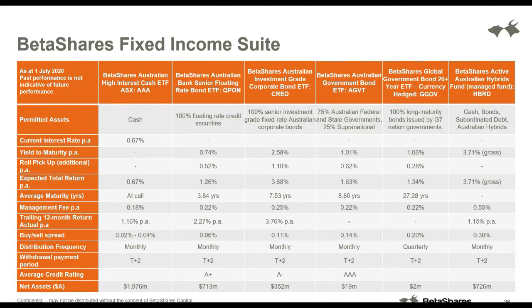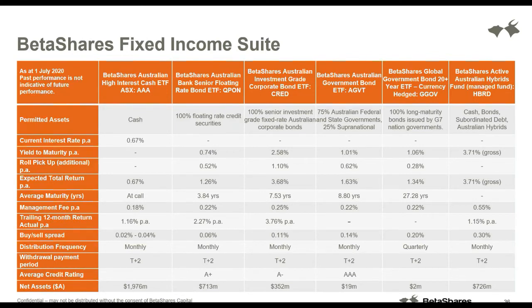And the other interesting one is that we're also embedding within our index methodologies typical processes that active managers use in terms of capturing roll yield. On this page here, we call this our fixed income term sheet. You can see all of the key statistics here across our fixed income suite. You can see the current rates, the yield to maturity, importantly what the roll return is, and then the expected total return.